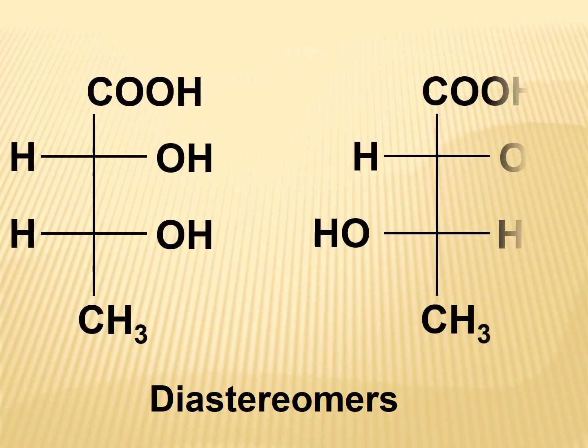The left one is meso tartaric acid, and the right one is the D, or you can also draw the L, both are same. The DL form and the meso form are not mirror images, and so they are known as diastereomers. So this is the case of tartaric acid, which contains 2 chiral carbons, and hence there are 4 optical isomers.